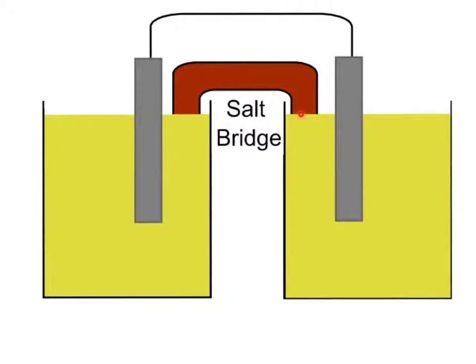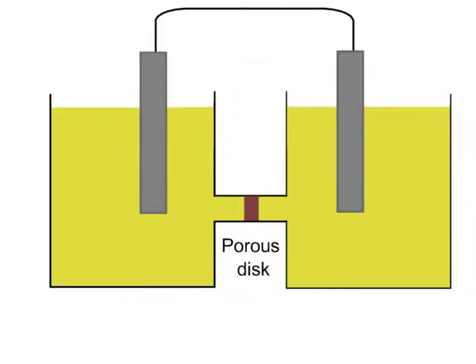There is also another setup, on the next frame, where a porous disc right here contains that strong electrolyte, which is able to discharge those ions between the two solutions.